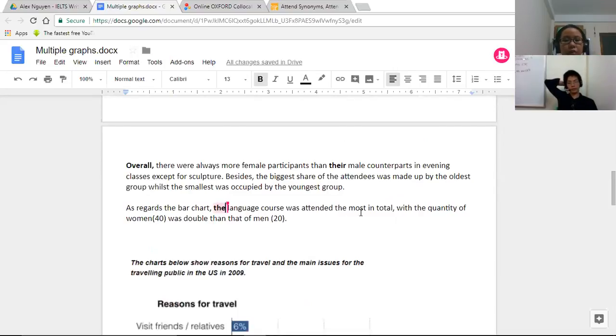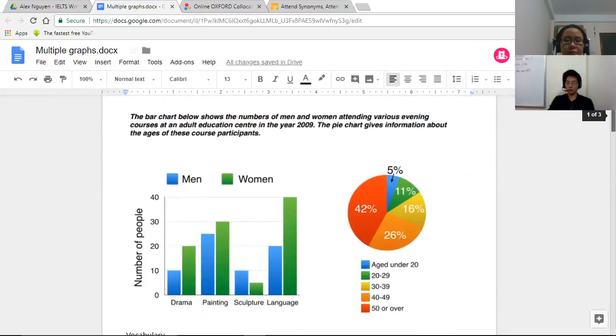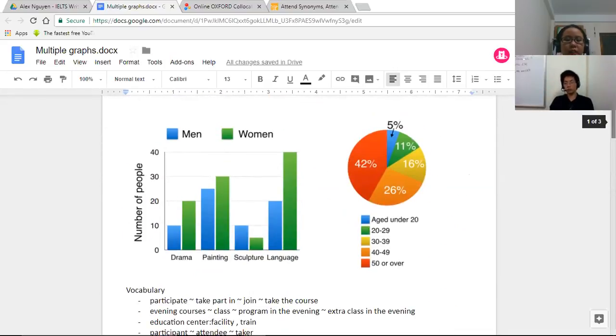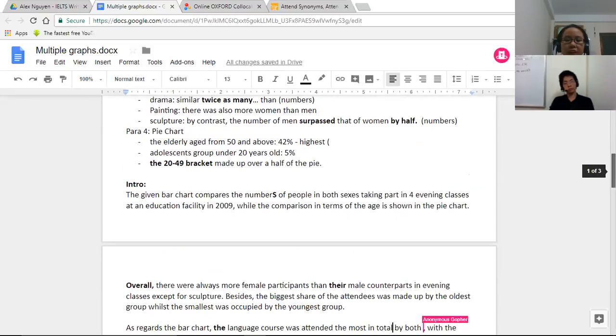Again here, if you say in total, I think we have to add by both sexes. Because if you say in total, it could be one column for female only. Just to clarify.